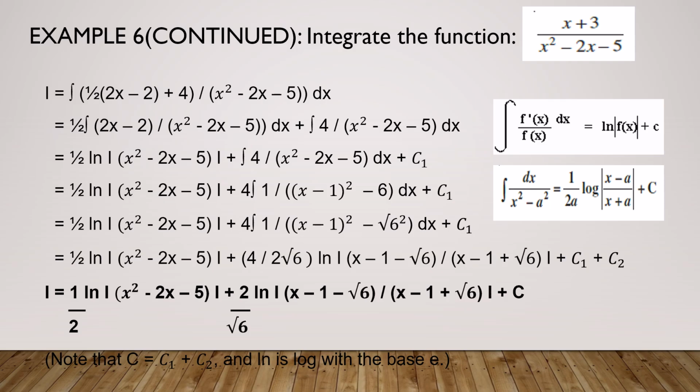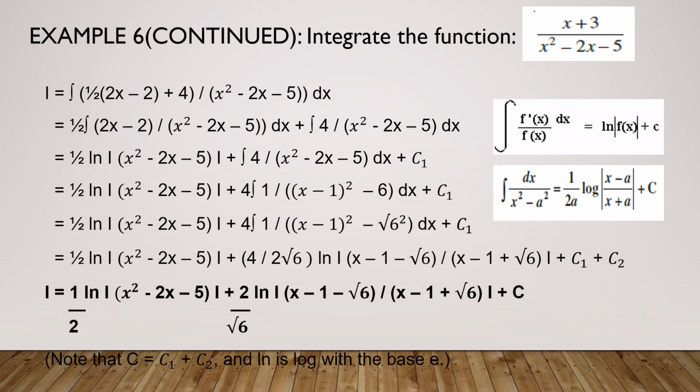So now x square minus 2x. If 2x is your middle term, what will be your last term? 1. So it is x square minus 2x plus 1 minus 6, because minus 5 you are writing as plus 1 minus 6. So now your denominator has become x minus 1 whole square minus 6, meaning minus root 6 square.